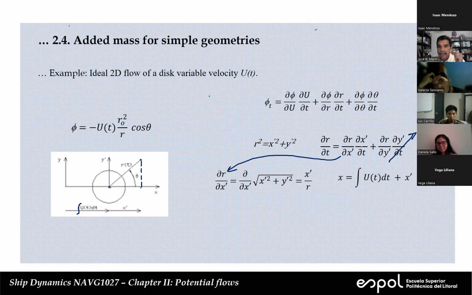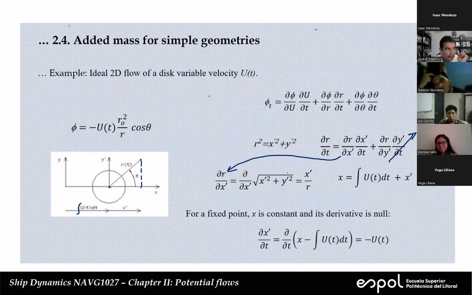Now, in this case, this is what we need, which is this one. So what we consider is one fixed x point. So let's consider this point is fixed. So you move to the right, to the left, because u is not constant. So what we can do is differentiate this expression.